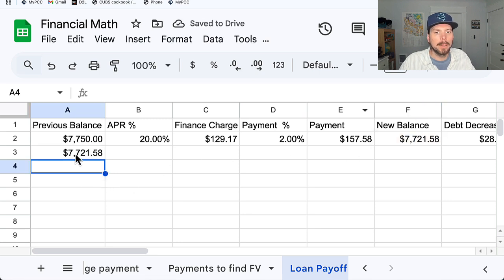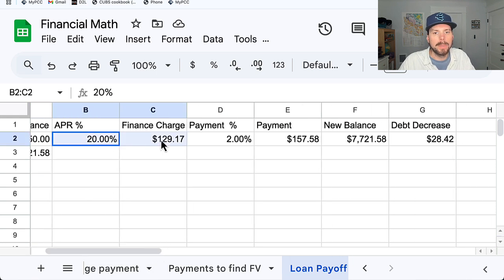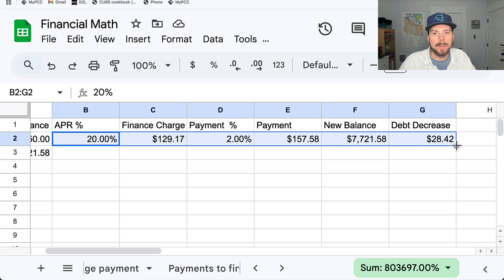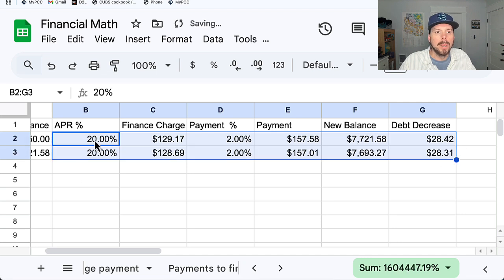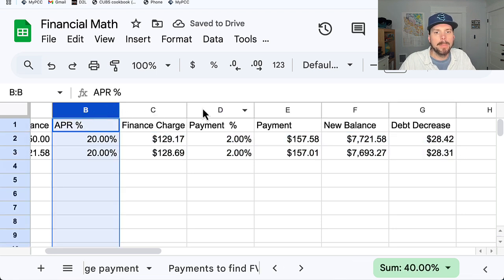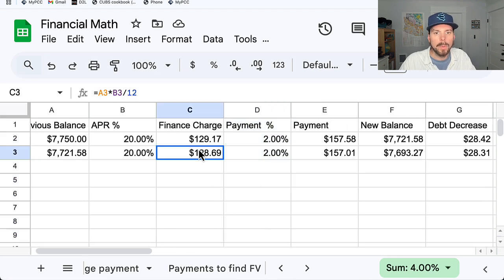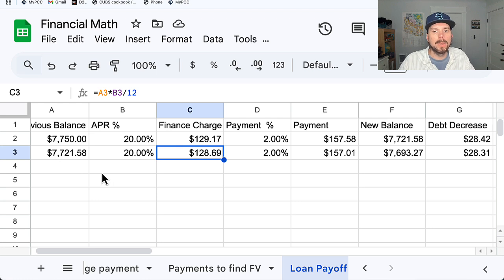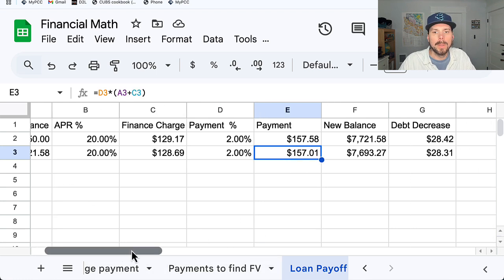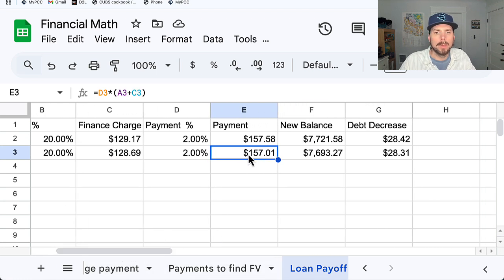We'll see that that's a little lower now because some of it was paid off. How about everything else? Can we just fill down all of these numbers and formulas? We want to make sure that the APR and payment percent stay the same. We'll notice a slightly lower finance charge because of the lower balance, and also a smaller payment amount.